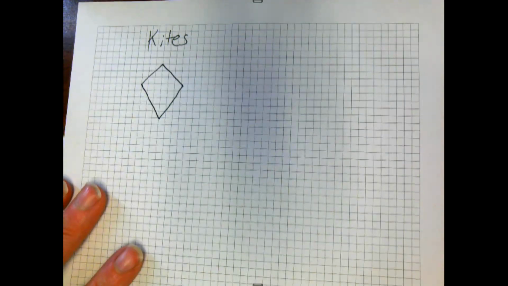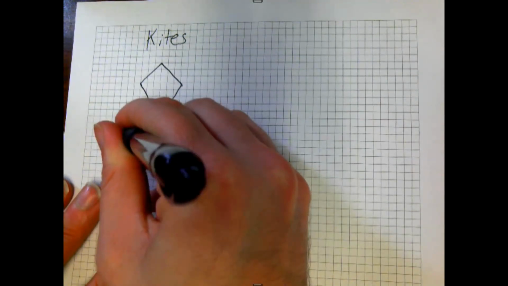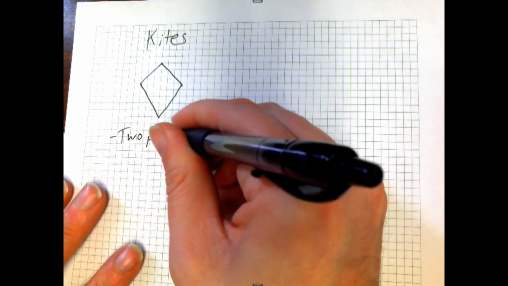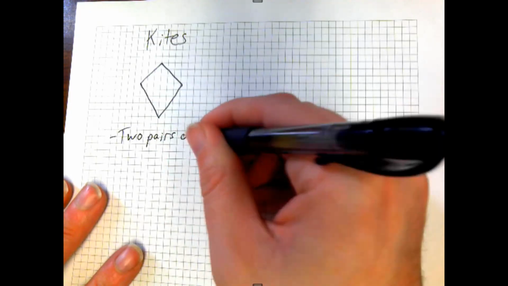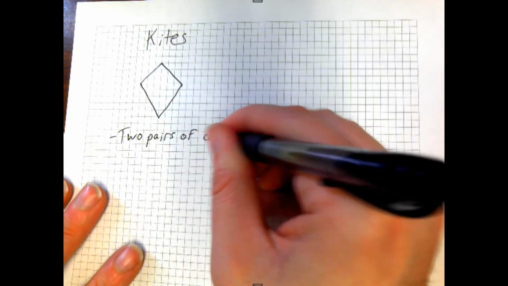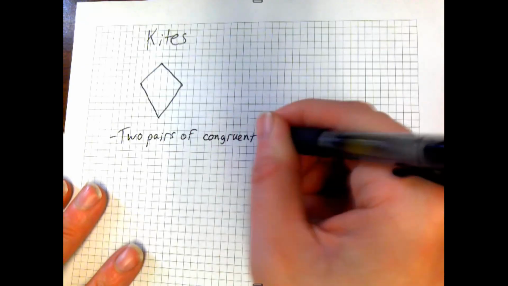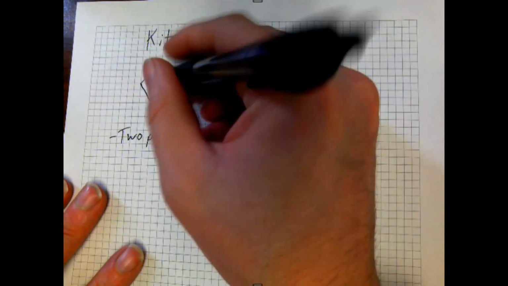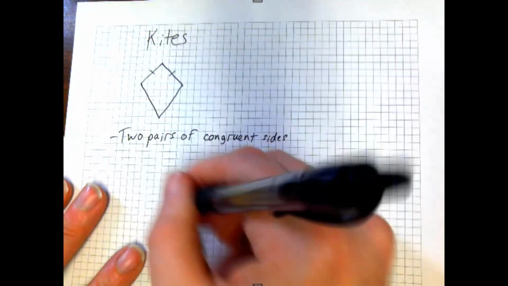So important facts about kites. First, it has 2 pairs of congruent sides. So these 2 sides are congruent to each other, and these 2 sides are congruent to each other in a kite.